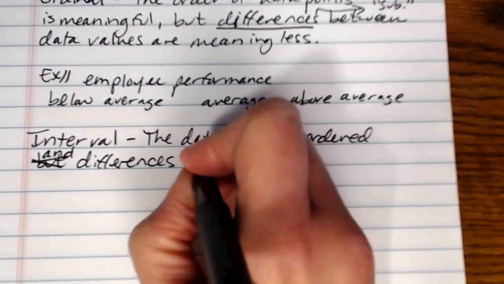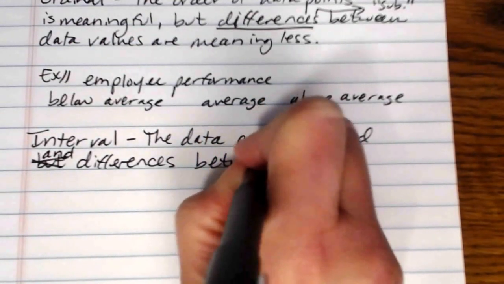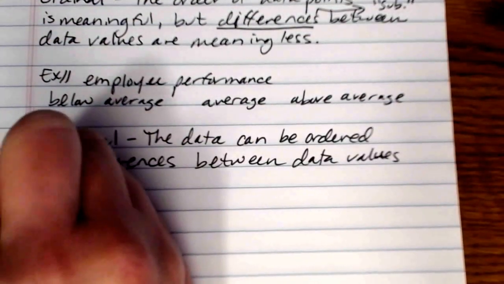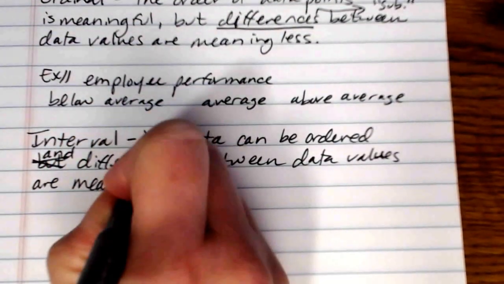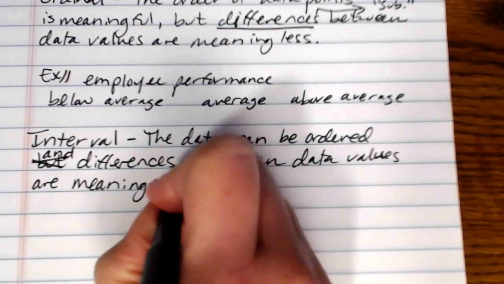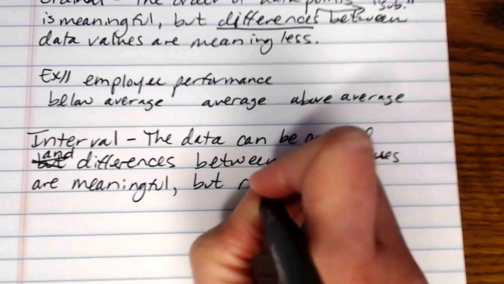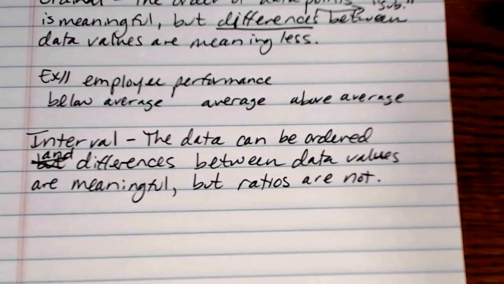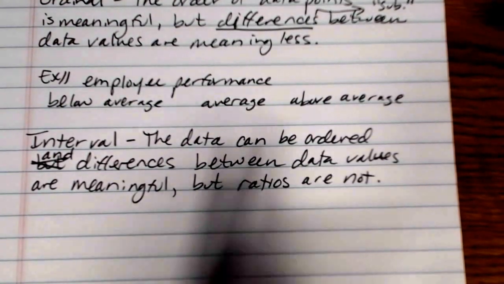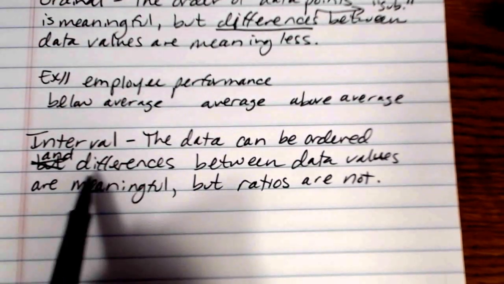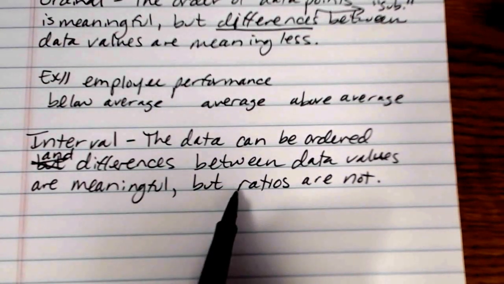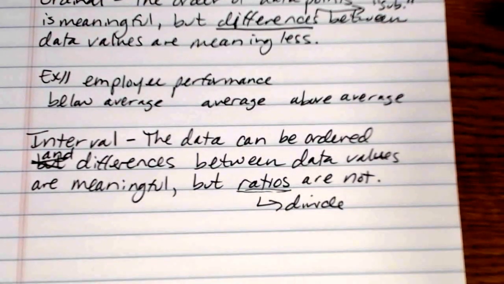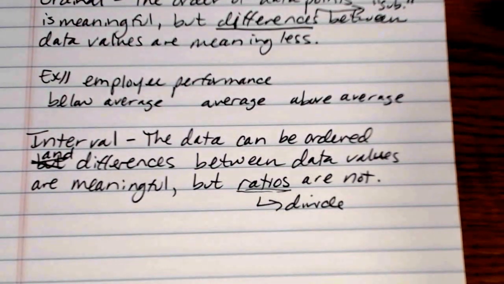So the data can be ordered and differences between data values are meaningful. But ratios are not. Okay, so at the interval level, we can put the data in order. We can subtract pieces of data, but we can't divide. When we take ratios, we're talking about dividing data. So we can't divide data values and get something that's meaningful.